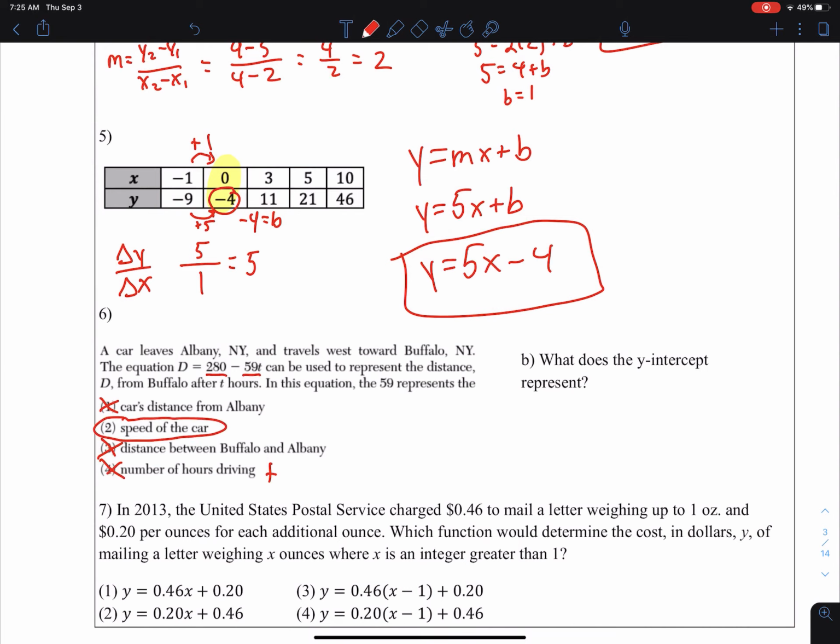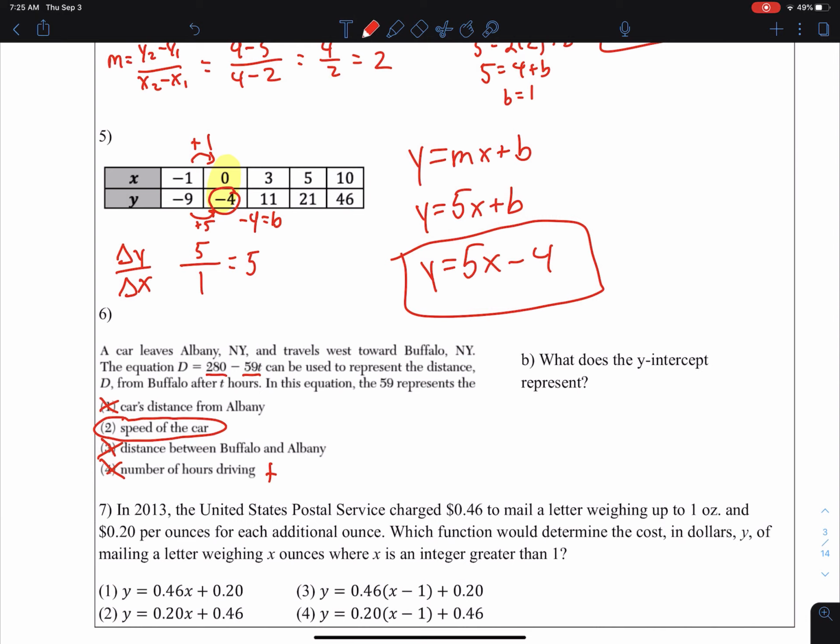Also, if you think about it, if you're multiplying a number times the amount of hours you're driving to see how far away or how close you are to another location, that's the speed. So if I go 60 miles per hour for 2 hours, I traveled how far? 120 miles. So that's going to be the speed.